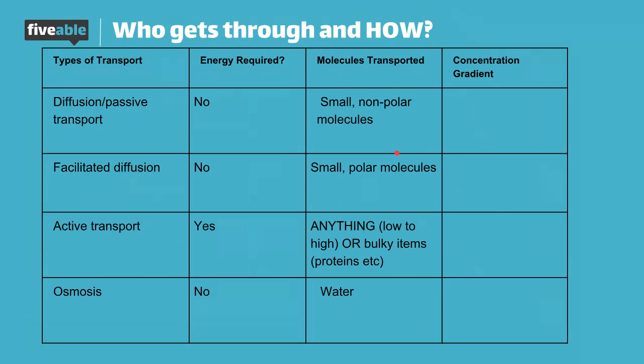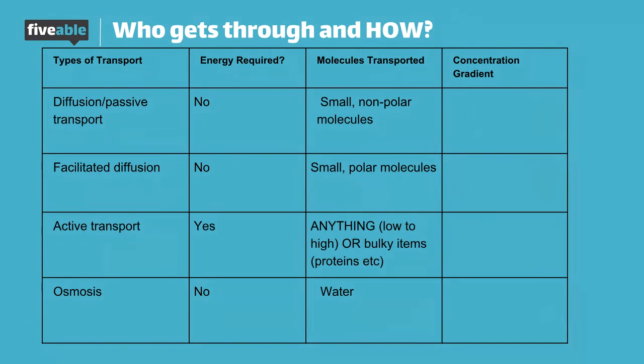Facilitated diffusion, again, we're still moving from high to low. I'm going to add that column in a second. Okay, but now we're talking about the polar molecules, right? The things that can't get past those hydrophobic tails, okay? Those things are going to need to rely on a transport protein, and so they go through the process of facilitated diffusion.